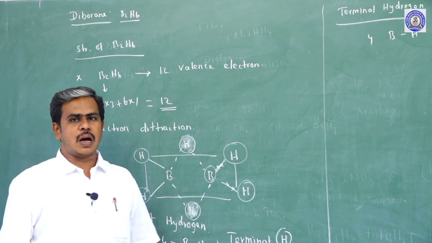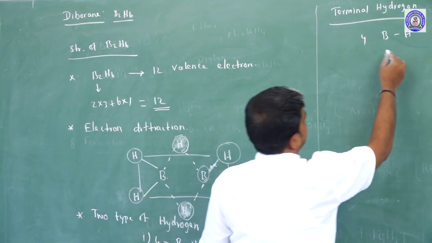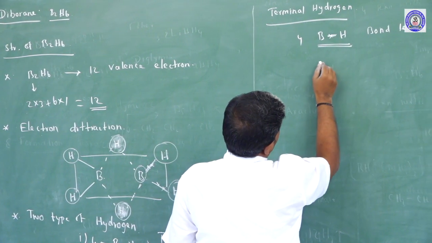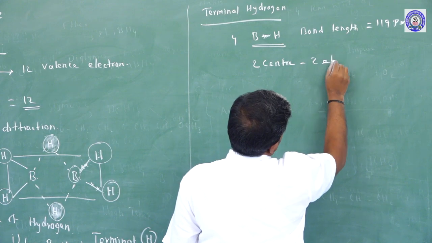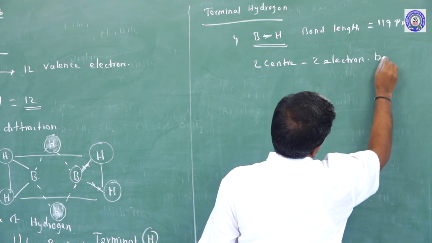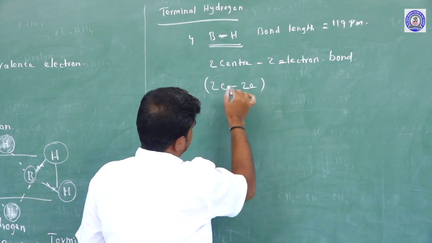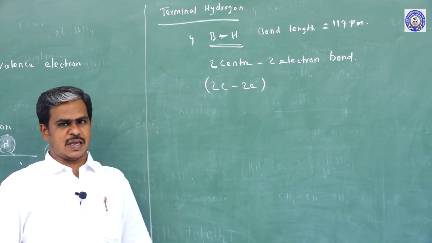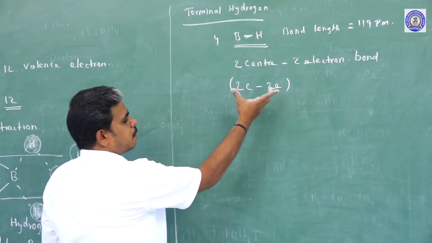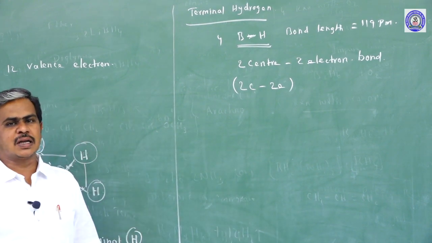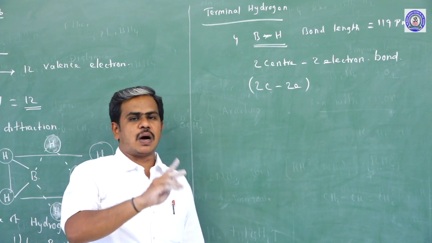So the 4 BH bonds are considered normal covalent bonds, 2 centered and 2 electron bonds, that is 2C2E. 2C means 2 centered and 2E means 2 electrons, so 2 electrons bind 2 atoms, one boron and another hydrogen.